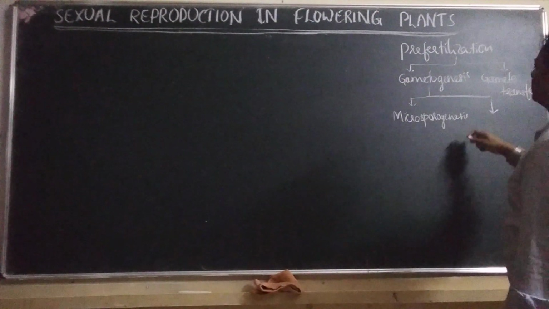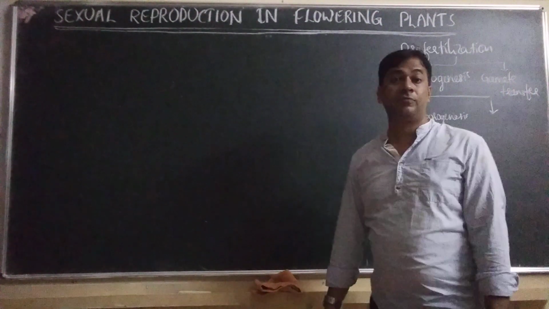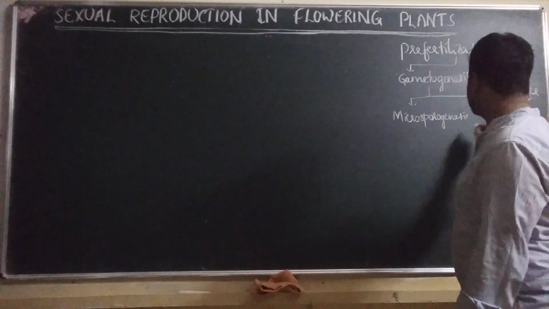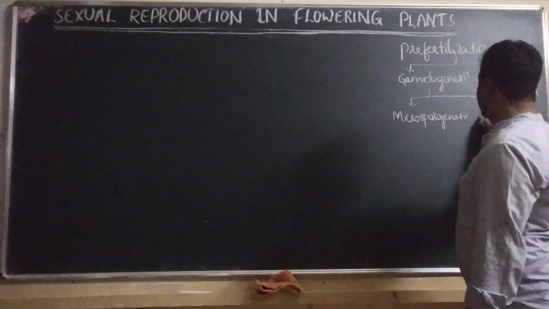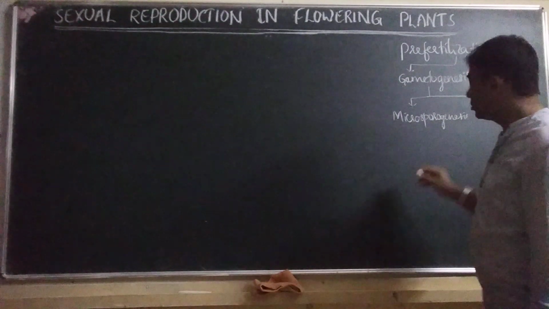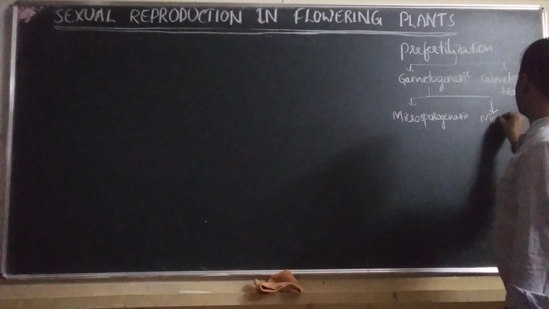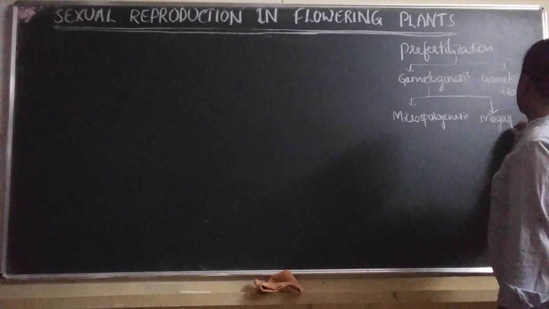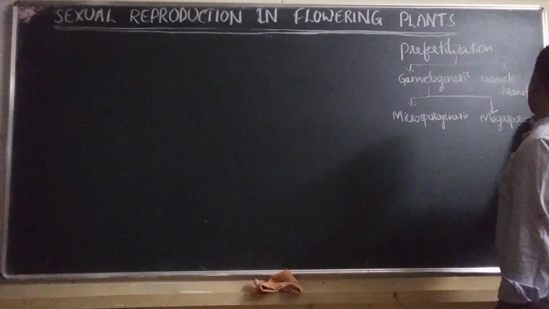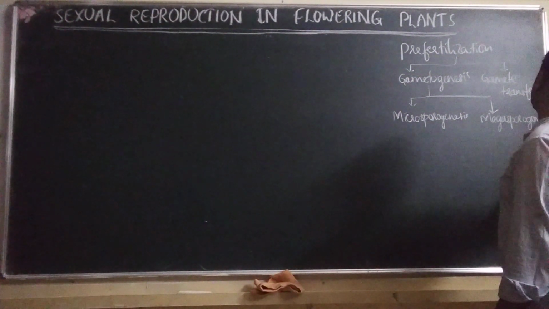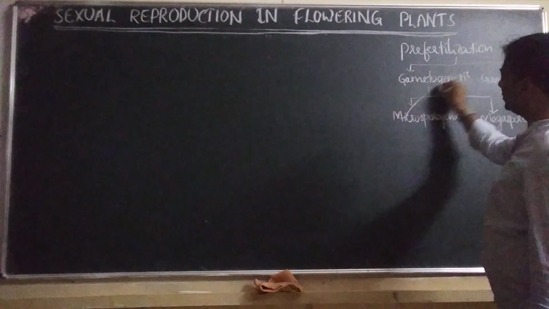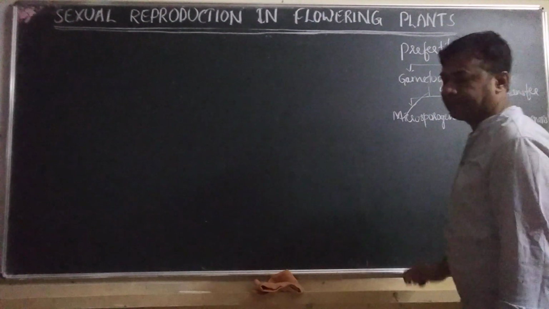Then the formation of the female gamete. The female gamete is the egg, so the egg is also called megaspore. The formation of megaspore is called megasporogenesis. We have to learn this now.